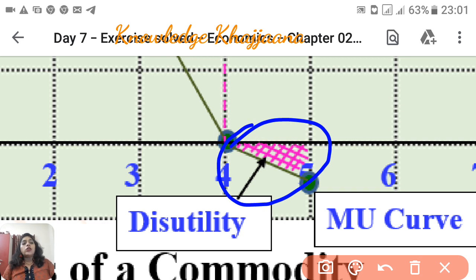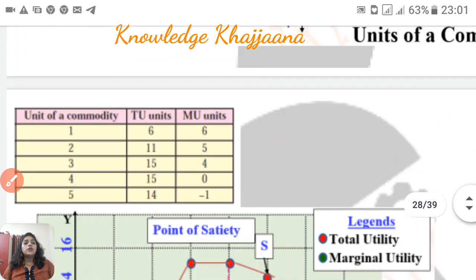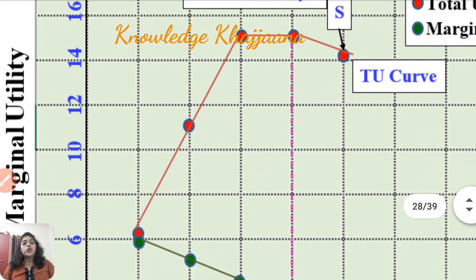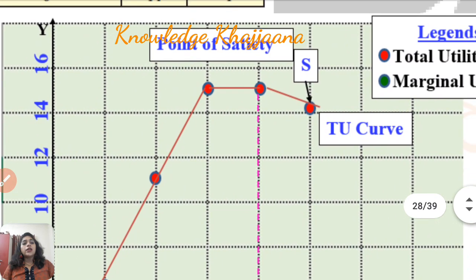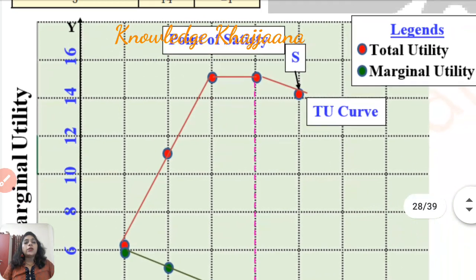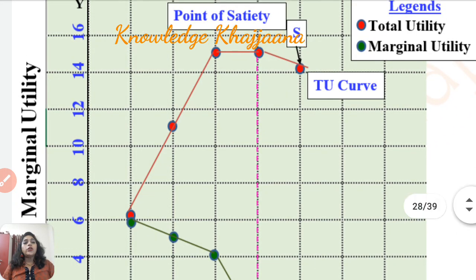And what is shown on this graph? This is the TU curve, the points joined by the red dots, the red line, which show the total utility.